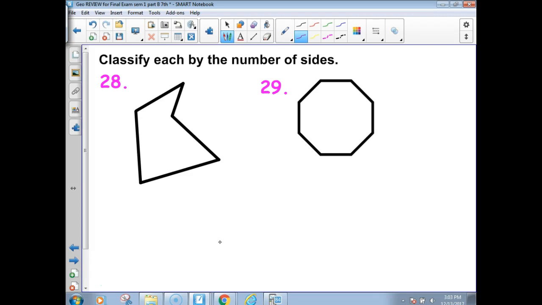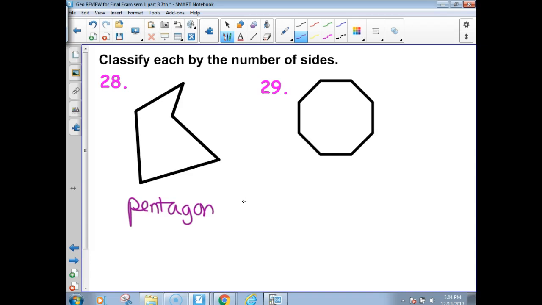So what's the name of a 5-sided figure? We got special names for them. That's a pentagon, right? And I had you learn up to, well, we did talk about up to 12 sides. And then after that, we said just do the number of sides dash gon. Right, but you should know triangle, quadrilateral, pentagon, 6 sides hexagon, 7 heptagon, 8 sides octagon, 9 sides nonagon, 10 sides decagon.